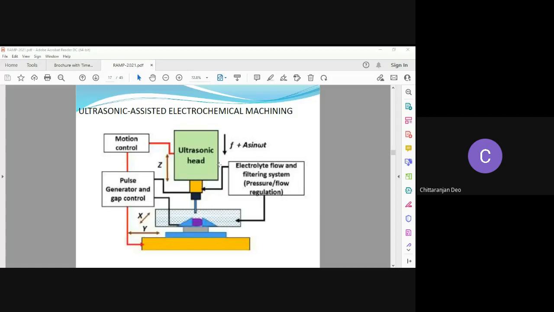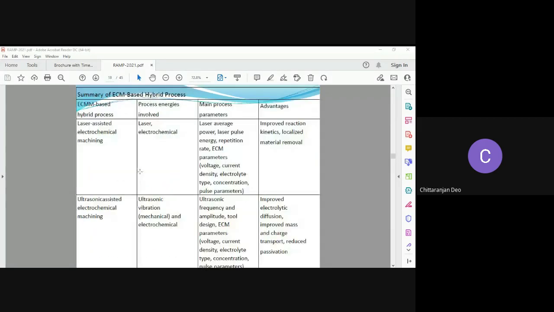If we summarize these hybrid machining processes, we can see here the laser assisted electrochemical machining process that involves both laser and electrochemical machining.